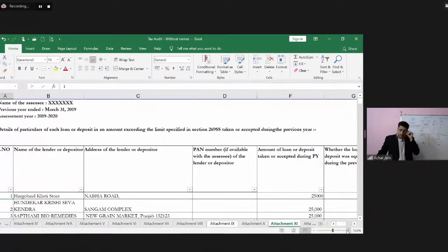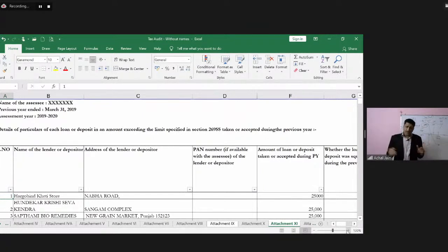Now, in respect of those loans or deposits, various particulars are required to be given. That's why at times, particularly for the listed companies who accept these deposits and for whom these limits are allowed, this data can become quite voluminous.